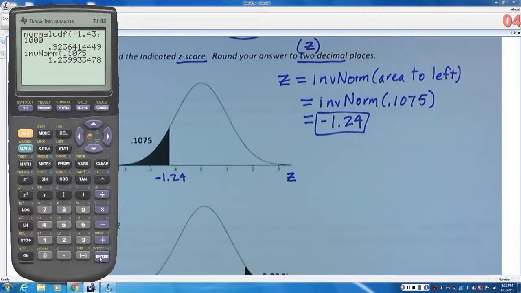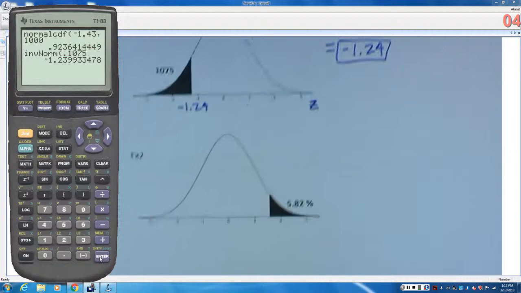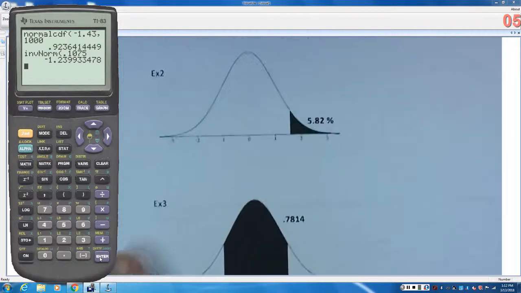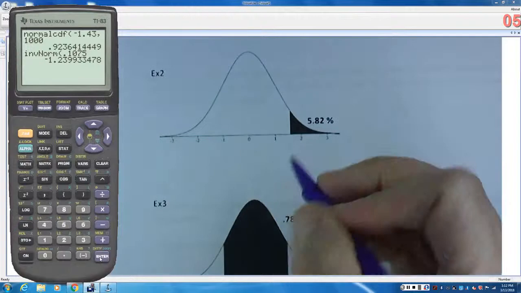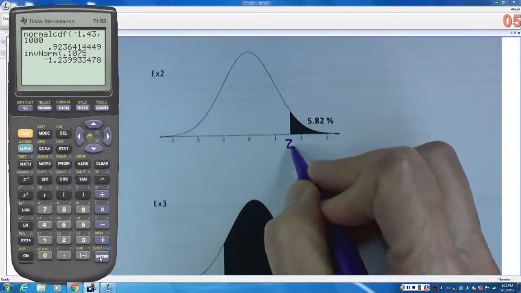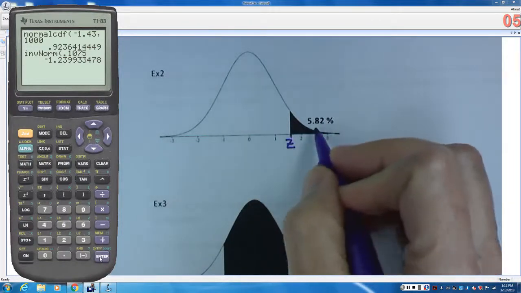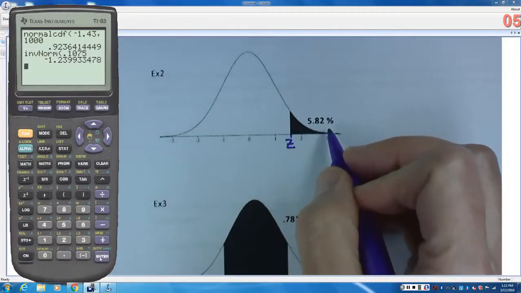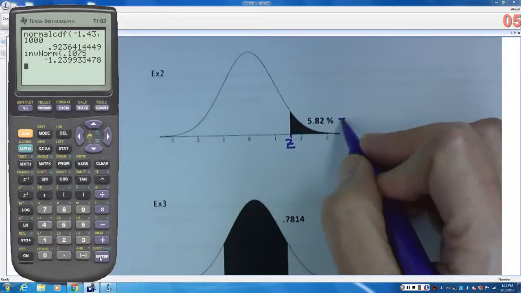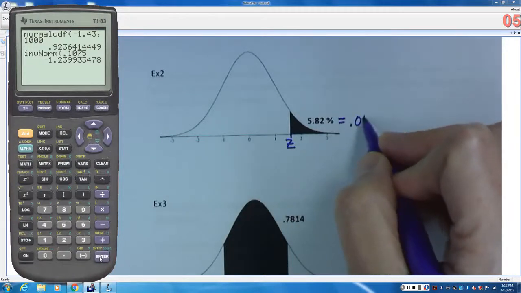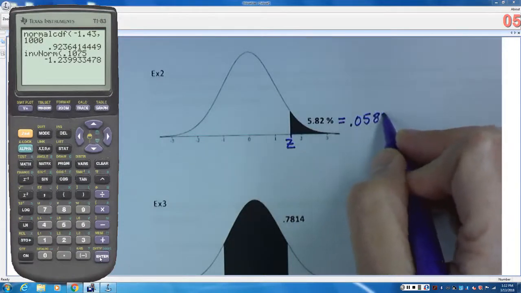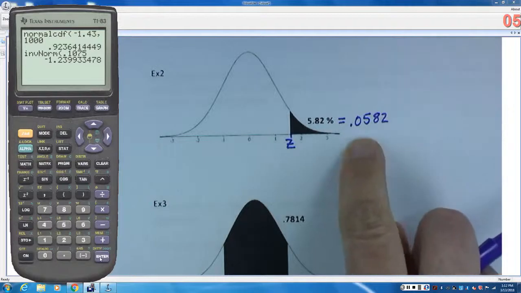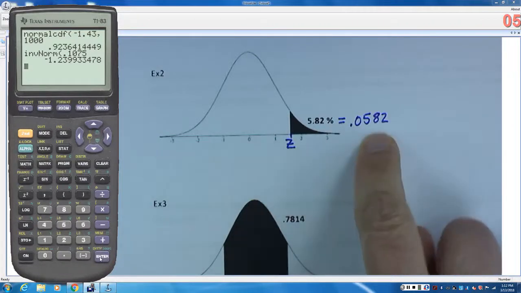Example 2. Now we're given the area to the right, and we're trying to find this z right here. And the area to the right is 5.02%. So you need to change that to decimal, move the decimal place over 2 places. So the area to the right is 0.0582.